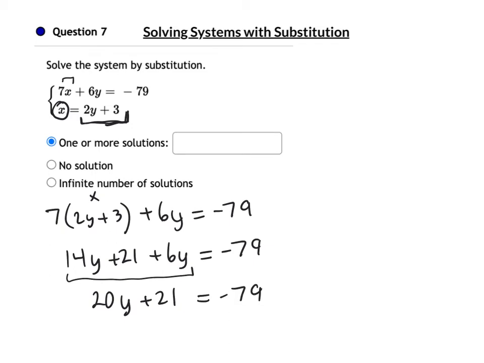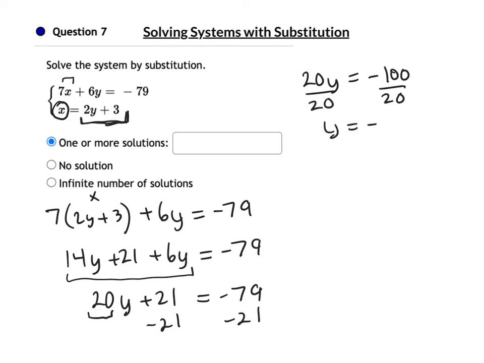Get the y by itself. The coefficient is the last thing we get rid of. Minus 21 minus 21. So we have 20y equals negative 100. Divide both sides by 20 to get y by itself, and y would equal negative 5. To find our other answer, we need to plug that negative 5 in one of these 2 equations. Either one works.